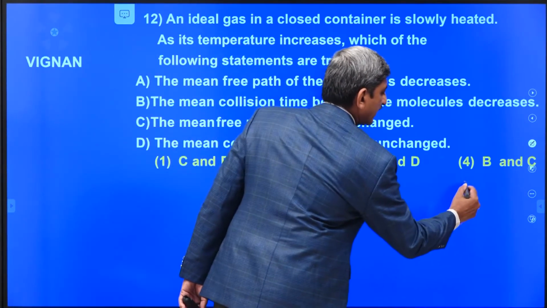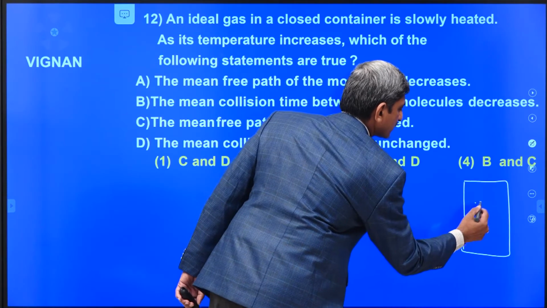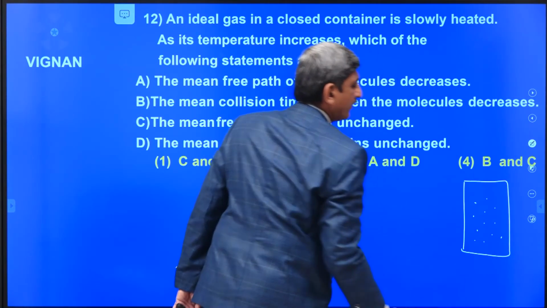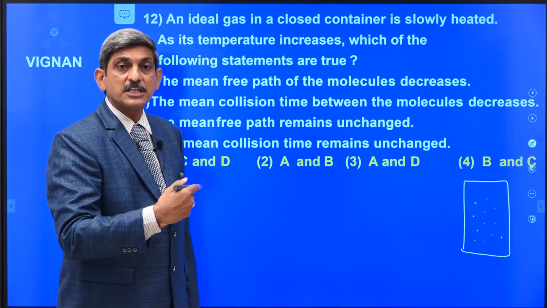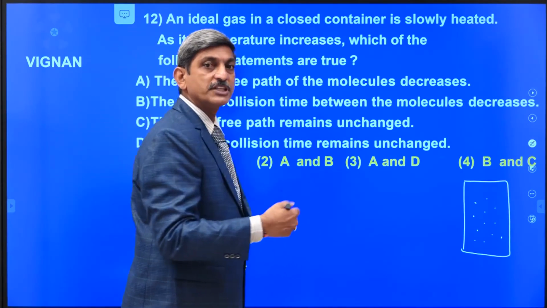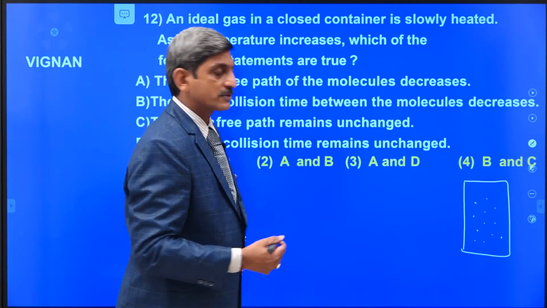Now let us take the container which contains gas molecules. We know that the gas molecules are continuously moving due to the thermal energies, and they are making collisions with the walls of the container and also with the other molecules.